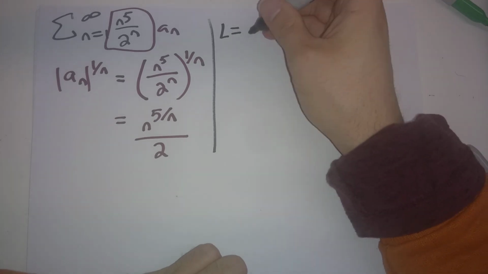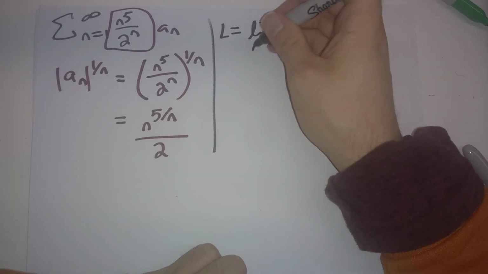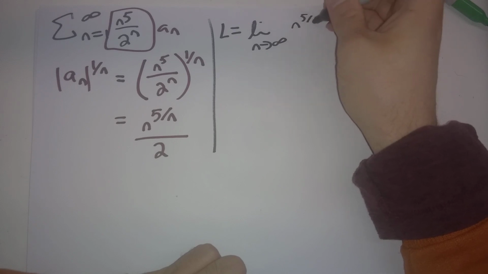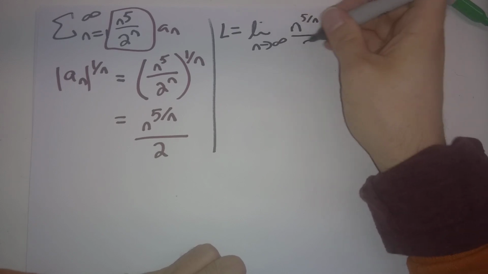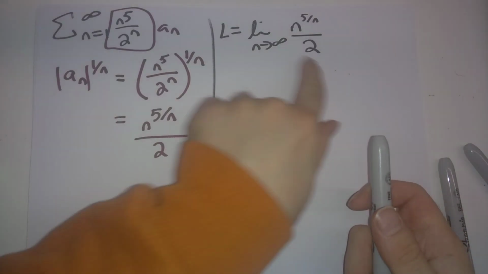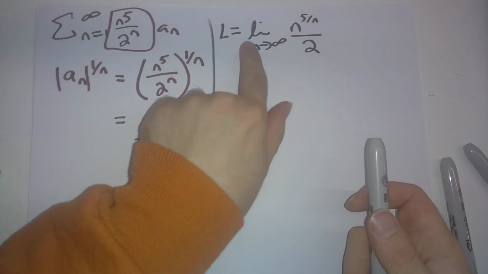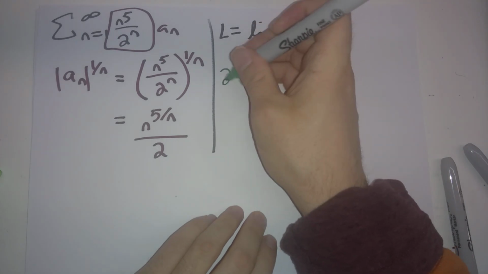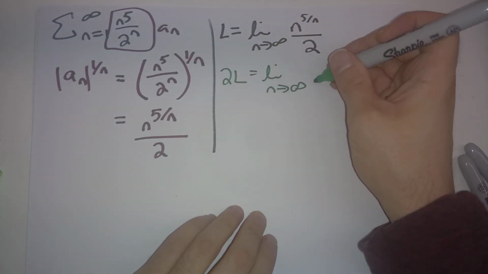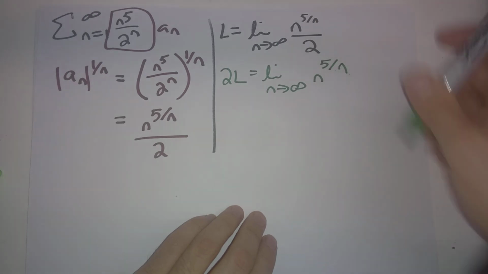So L is the limit as n goes to infinity of n to the 5 over n, all of that divided by 2. I can move this 2 to the other side to say 2 times L is the limit as n goes to infinity of n to the 5 over n.